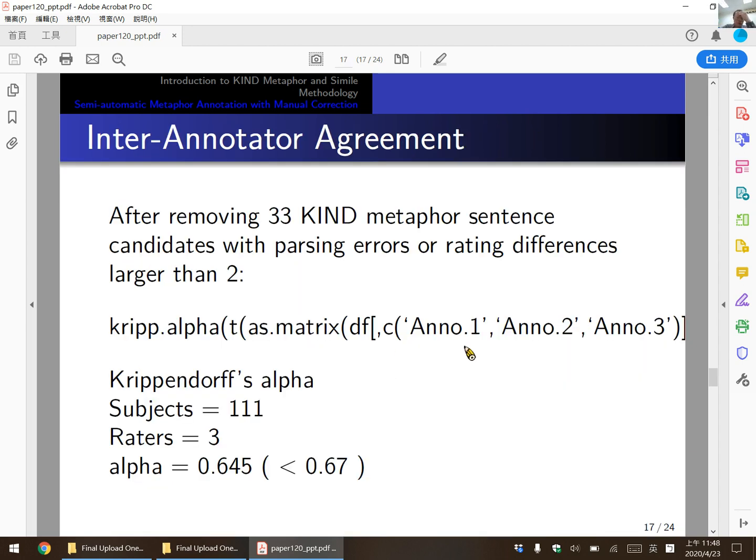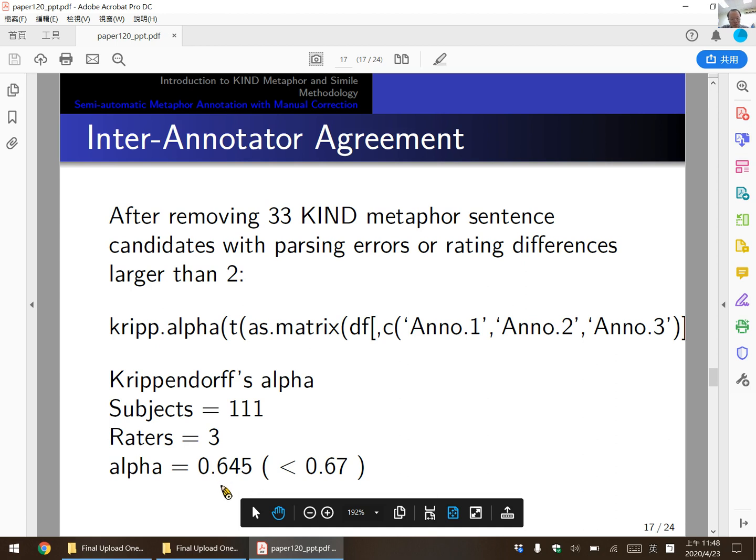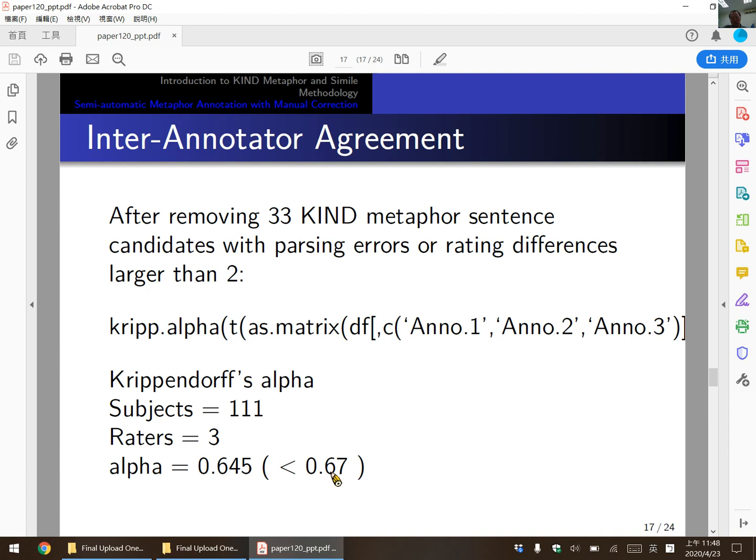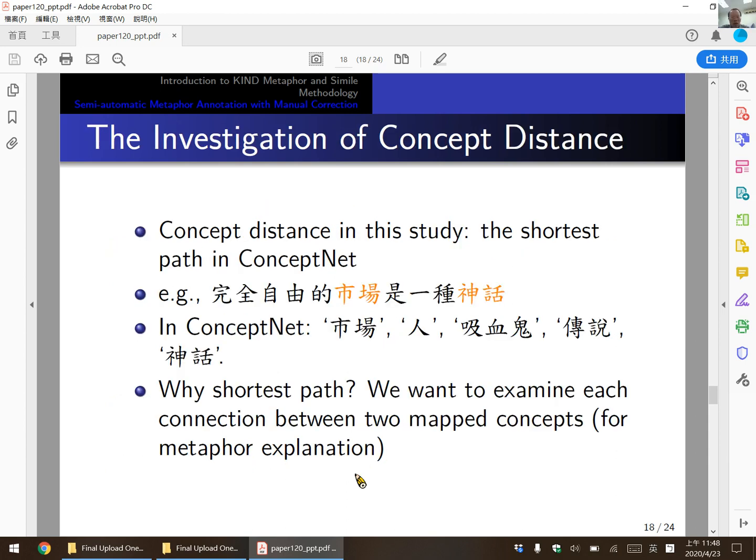Before we show the final result, we also estimate the inter-annotator agreement between the 3 annotators, and it's about 0.645. The Krippendorff alpha is nearly a tentative agreement between annotators; the threshold should be 0.67. Okay, let's see the final result about the correlation between concept distance and metaphoricity.